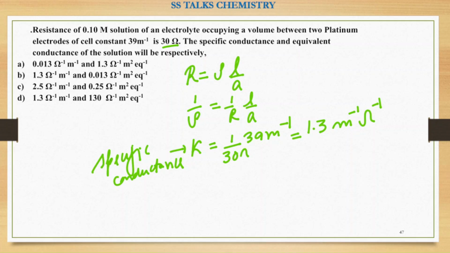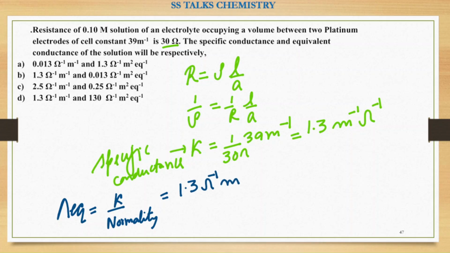So for the equivalent conductance, we know it is kappa upon the normality. So here the kappa value we have got is 1.3 ohm inverse meter inverse. Normality, or here the concentration, is given to us as 0.1 molar.